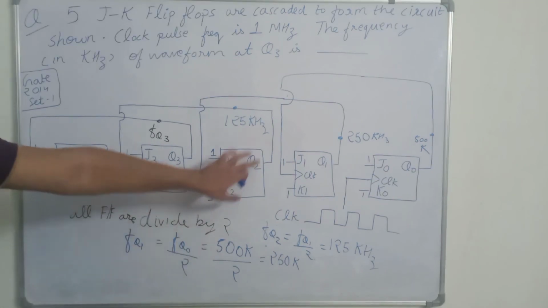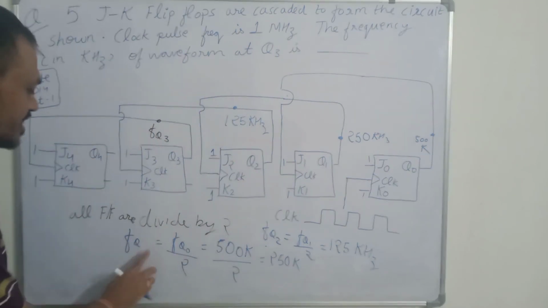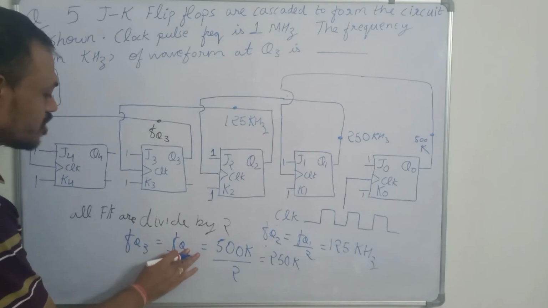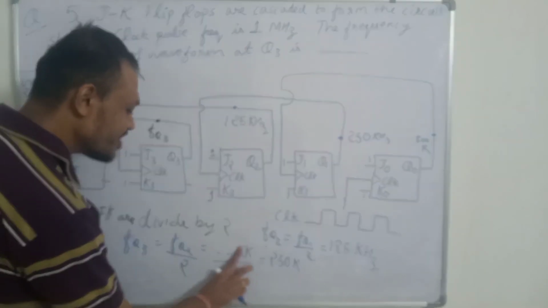Now this Q2 is acting as the clock of the fourth flip-flop. So f of Q3 will be equal to f of Q2 upon 2. And Q2 we have found out to be 125 kilohertz.